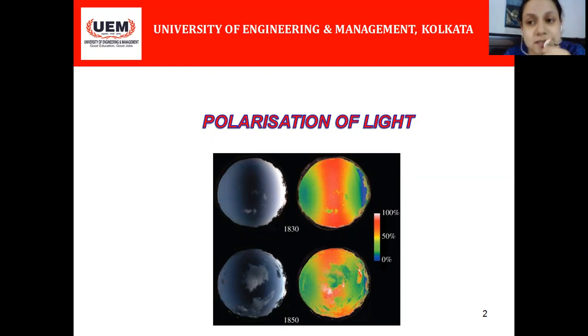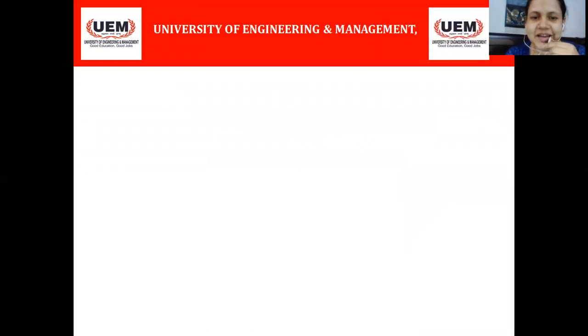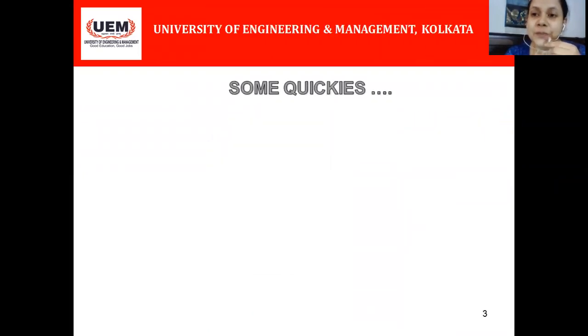So what is polarization of light and how can the effect of polarization of light be captured? These are things which we are going to understand through our series of lectures on polarization. Now, before I begin the actual lecture, there are a couple of very quick questions for you.